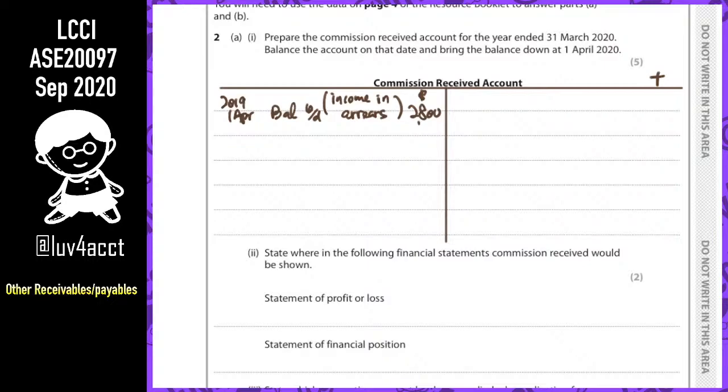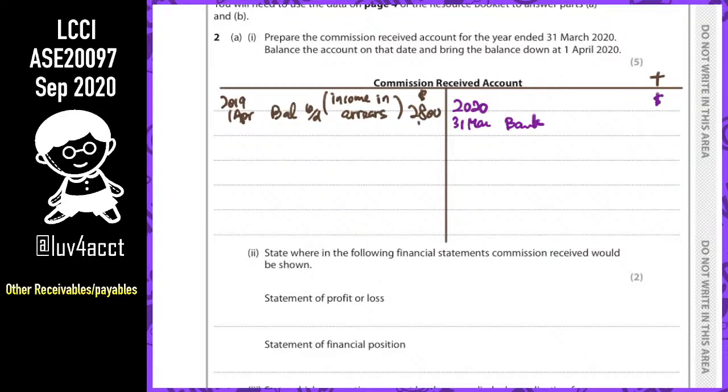So before we work on the figures, I would fill in all the items that we need first. When we receive money, year 2020, the end of the year, is it 1 year? Yes. 31st of March, we should have received a certain amount.